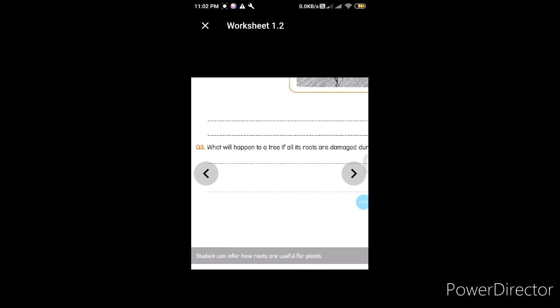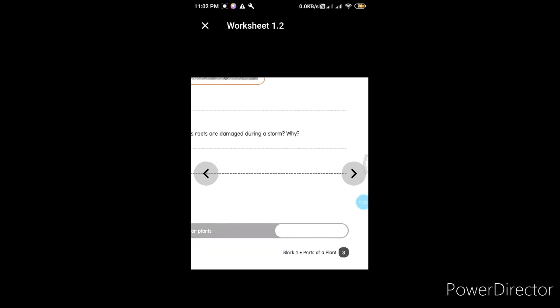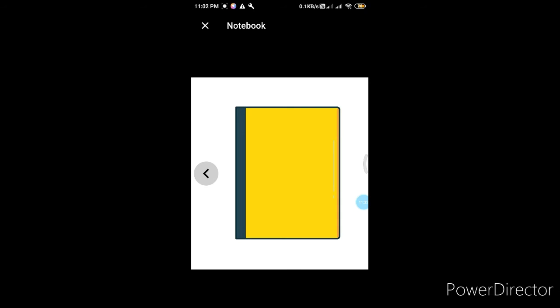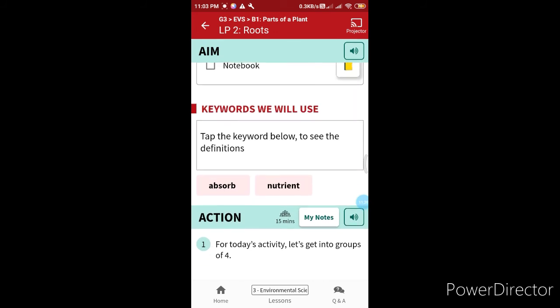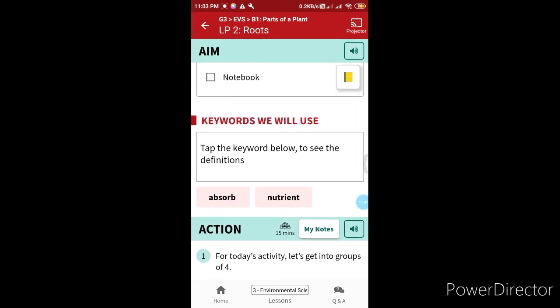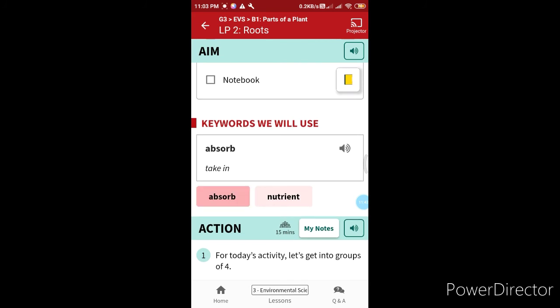So when water and nutrients are not available, the plant cannot make its food and soon it may die. That's the answer, children. You can answer these three questions in your workbook. At the same time, the content book that I showed you, write those 3 questions in your notebook, and also write the 1.2 worksheet, children.